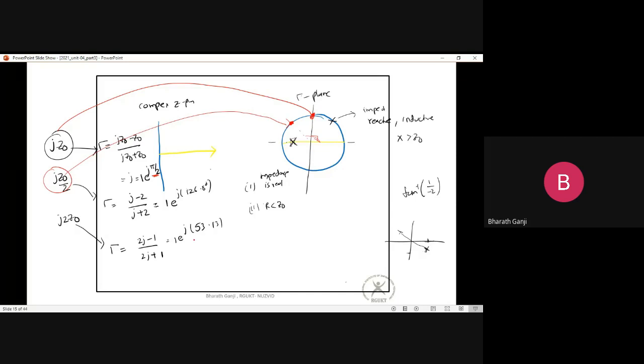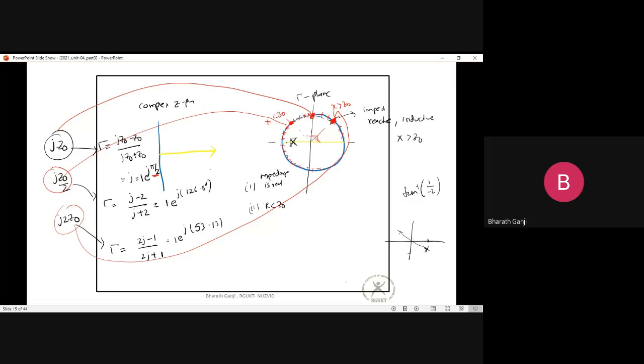As for the point 2z0, you can see it will be only at 53 degrees, so maybe it will be somewhere here. Okay, so this corresponds to this point. What can I infer? For all these points, the reactance is less than z0, and for all these points the reactance will be greater than z0. In the same way here, for the negative cases, all these load impedance values will be less than minus z0, I cannot say less than minus z0, probably greater than minus z0.